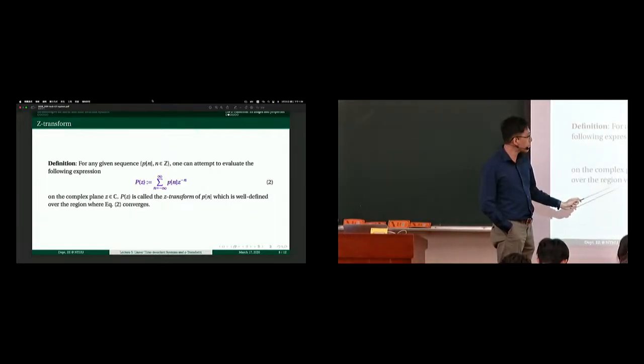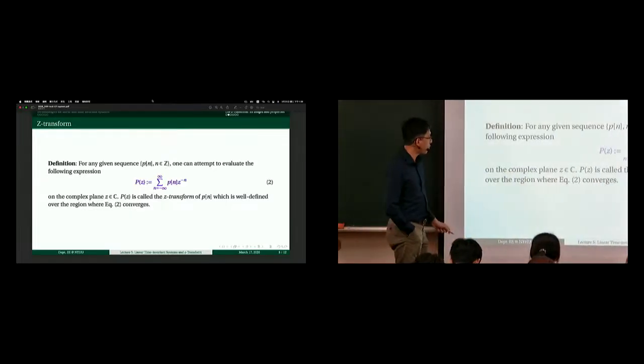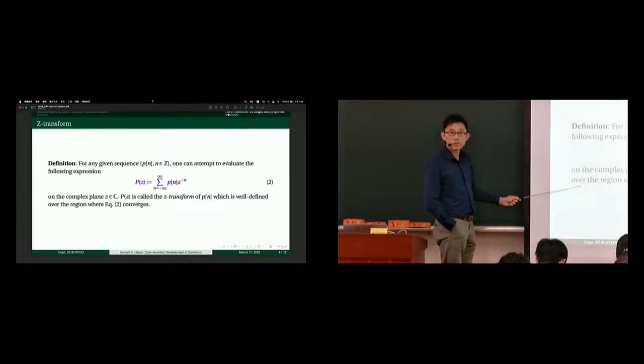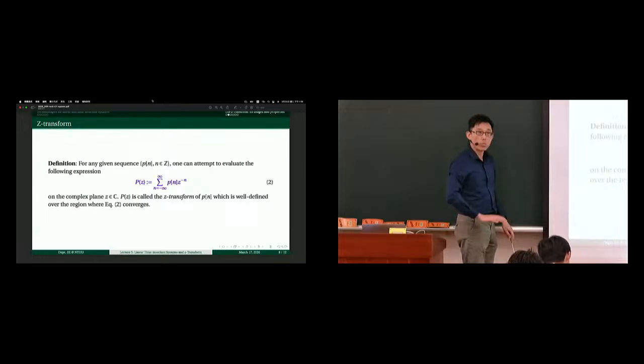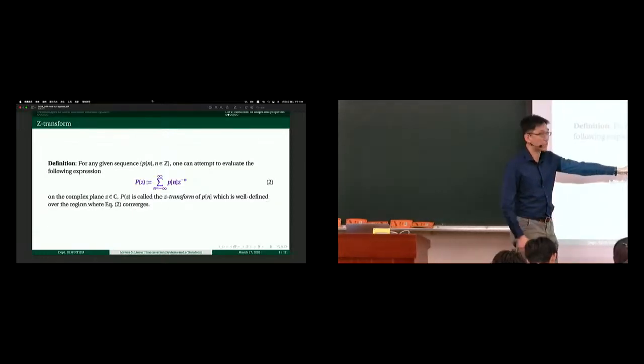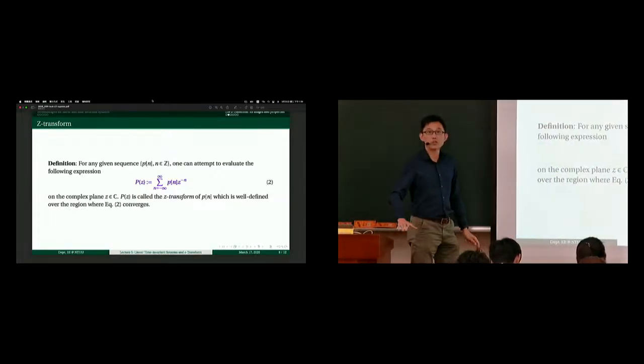So if you're given a sequence, this expression does not always converge for any given Z. So when we write down this definition, it makes sense only if it converges somewhere. We need to be concerned about the region of convergence: where exactly does this infinite sum converge? That's a valid concern.